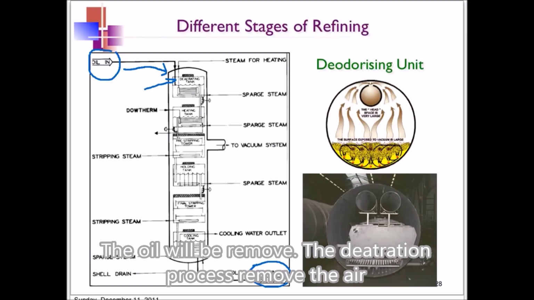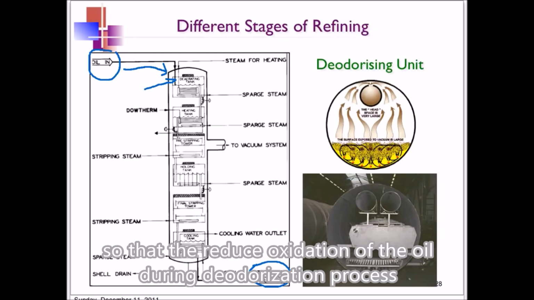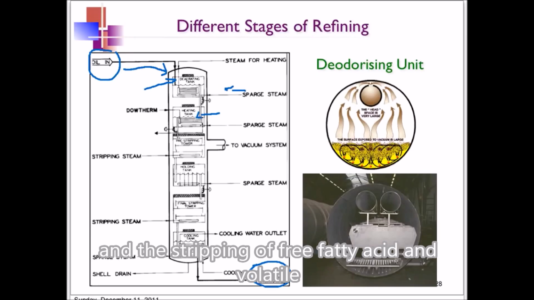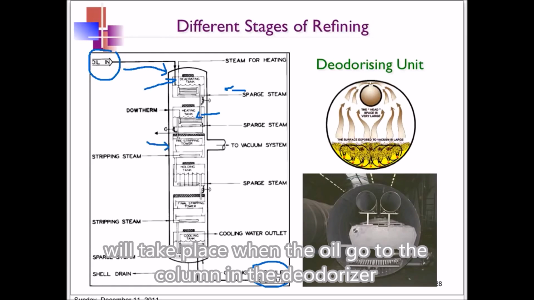The aeration process removes the air so that it will reduce the oxidation of the oil during the deodorization process. Then we have the heating tank here, and the steam is being sparged inside, and the stripping of the free fatty acid and other volatiles will take place when the oil flows through the column in the deodorizer.